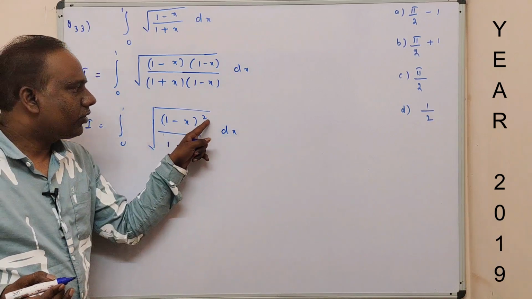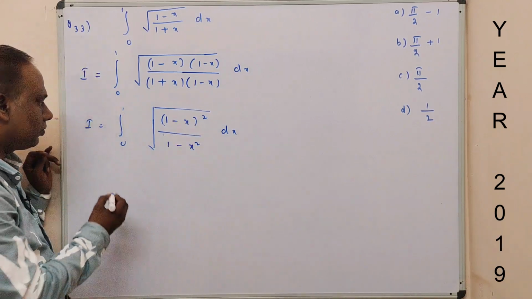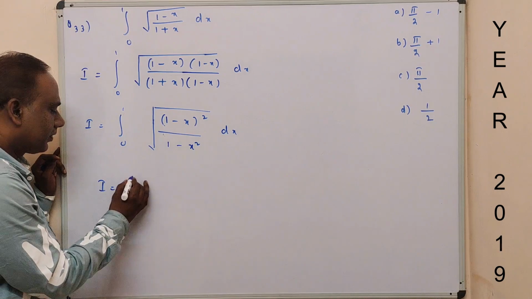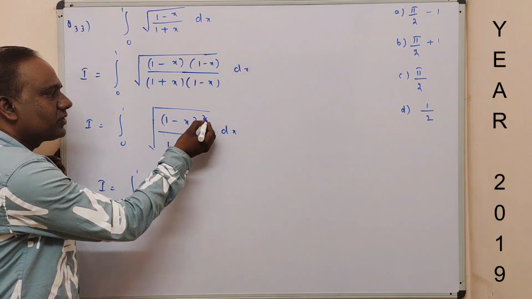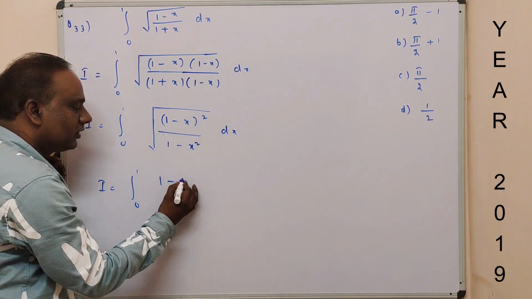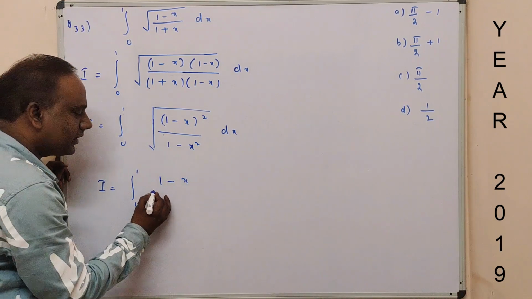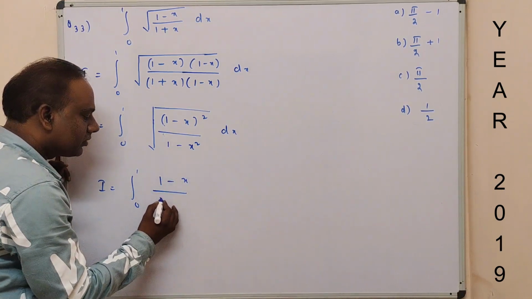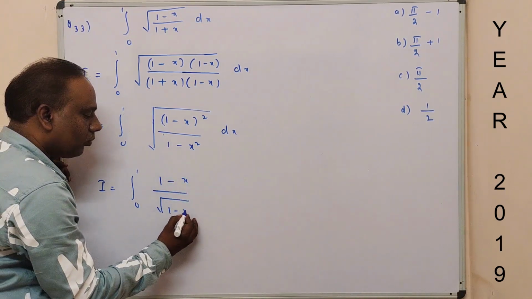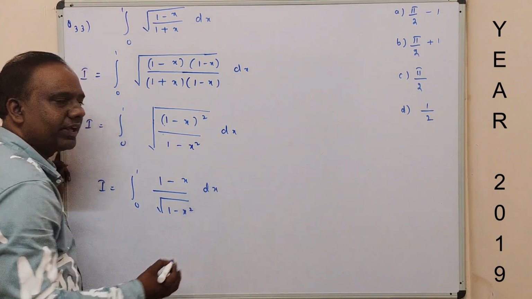Here the square and square root get cancelled. So I is equal to the integration from 0 to 1, the remaining only 1 minus x, and the denominator is root of 1 minus x square into dx.